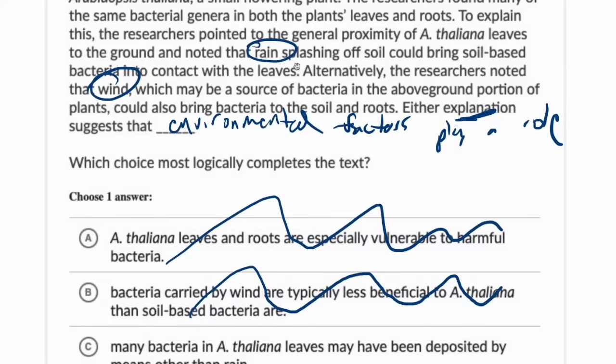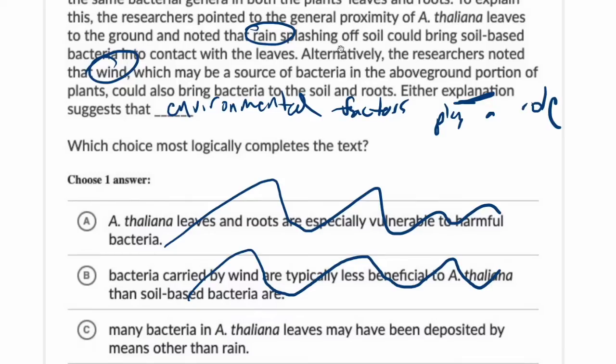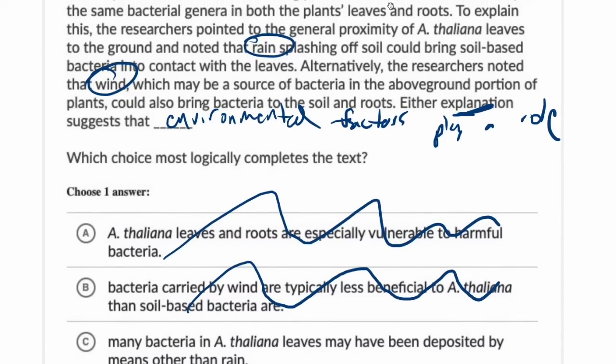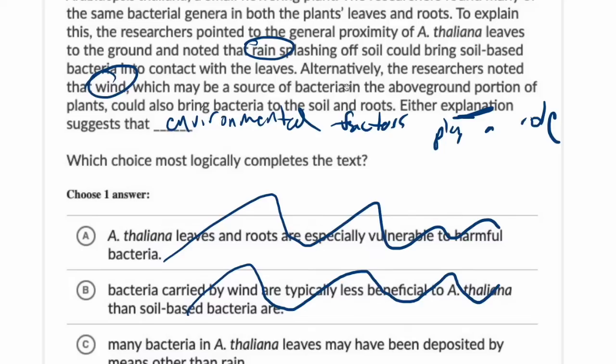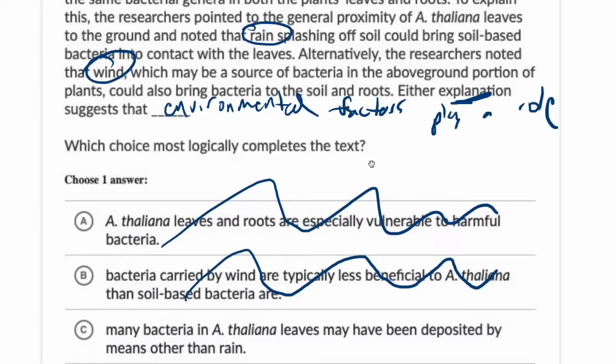Well, I don't know. It says that rain could be one of the means, and then this is another possibility. We don't know that one of them is necessarily the correct explanation. Maybe it's 50-50, maybe it's 70-30, maybe it's 90-10, who knows? I don't think we want to pick C.